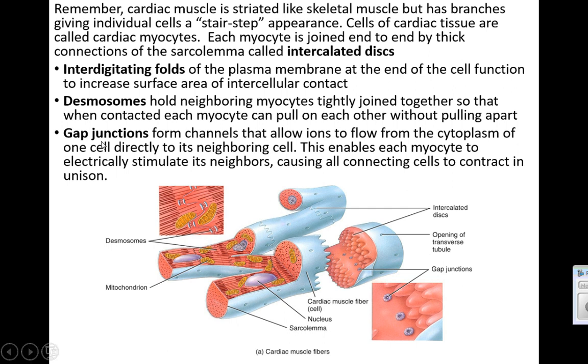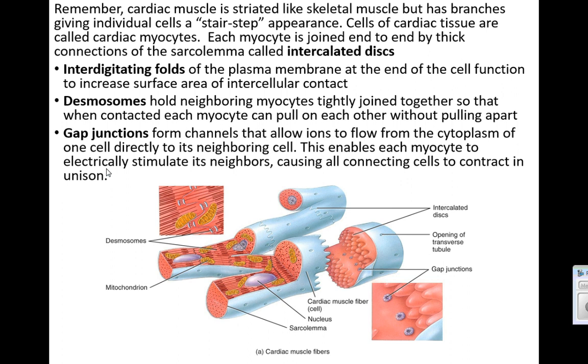The most important thing that we're going to talk about are these gap junctions that exist. They're like little open doorways that allow ions to flow from one cell directly into a neighboring cell. And we know that when ions flow, changes in resting membrane potential also occur. Because, for example, if sodium flows from one cell to another cell, it's going to depolarize. And just like we saw in neurons in skeletal muscle, if you depolarize enough, you're going to reach threshold.